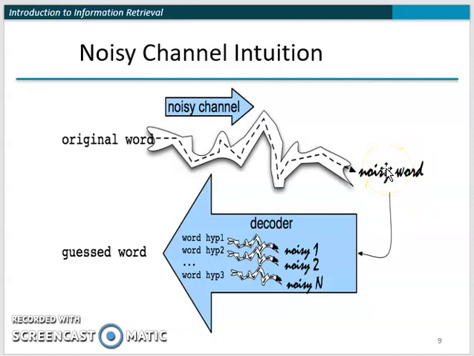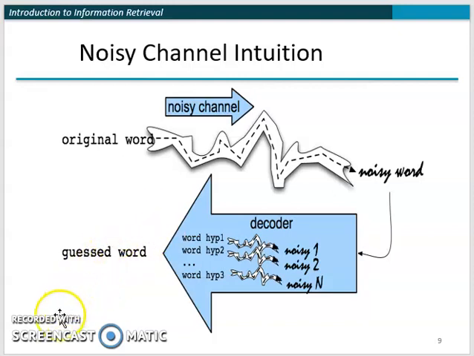Let's say there was a candidate i here and we got a noisy word i for that candidate, and let's say that was closest to this noisy word. That means this noisy word has a high chance of coming from that original word i. So this is how we can guess an original word. This is the intuition of noisy channel.